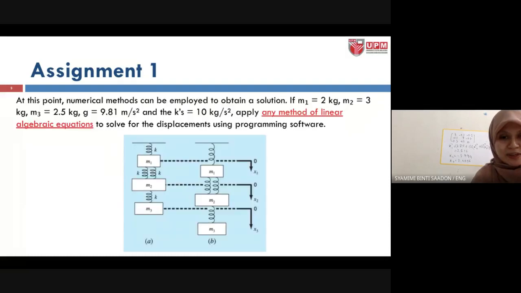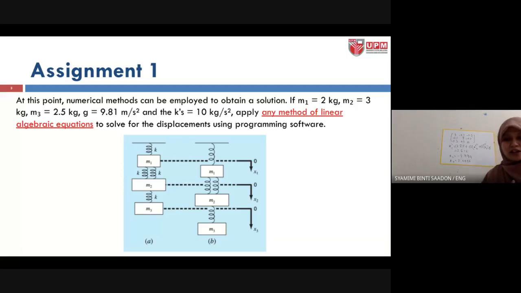For these three masses, M1, M2, M3, we solve this, and at this point numerical methods can be employed to obtain a solution. If M1 is 2 kilogram, M2 and M3 are 2.5 kilogram, with acceleration 9.81, and we assume the constant value is 10 kilogram per second square.